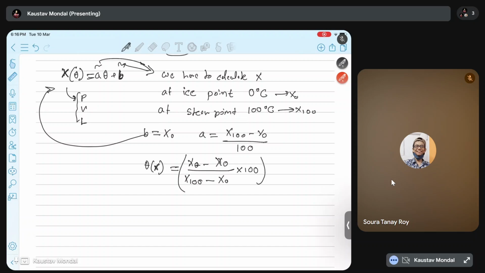As you can see, x0 and x100 are fixed quantities, right? Now by just measuring the value of x at the particular temperature theta that you are interested in, you can calculate the exact value of this temperature using this law, provided that x varies linearly with the temperature.